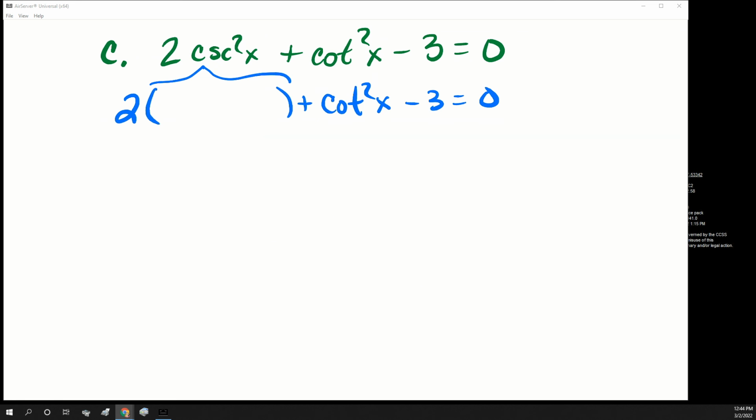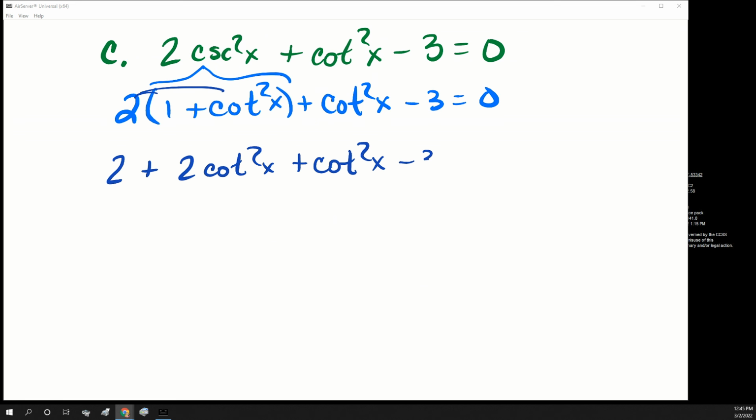What does cosecant squared equal? 1 plus cotangent squared of x. So that's one of your Pythagorean identities. You do not have to memorize that one. It will be available to you. All right, and then we're going to do some algebra. So we're going to distribute. All right, and then we'll combine like terms.